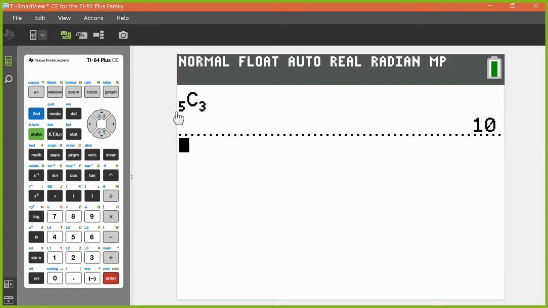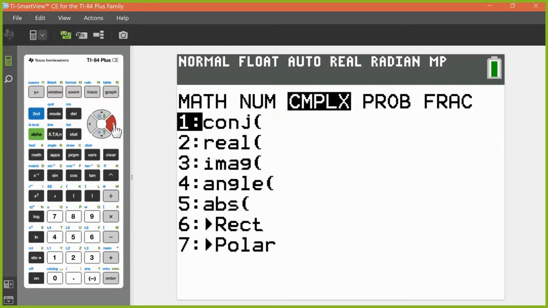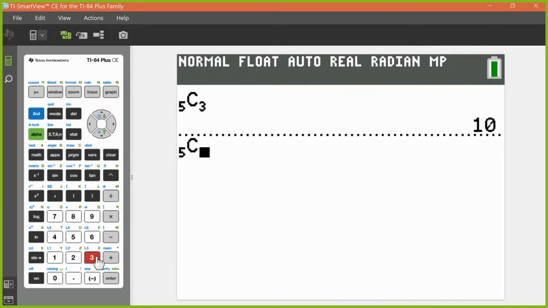If your calculator did not have that prompt, what we've found works is you type in your number of trials first, then go to math, probability, number 3, and it would place something there that says nCr, and then you would type your number of successes. So you just have to do that part manually if you don't have that prompt.